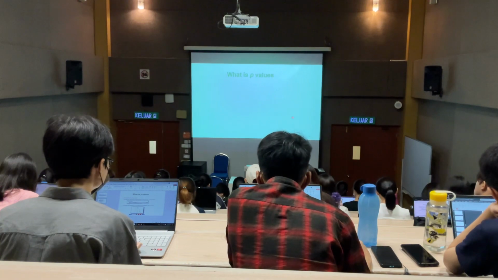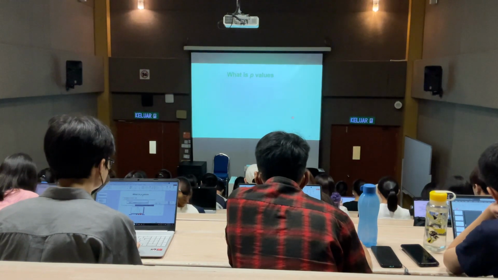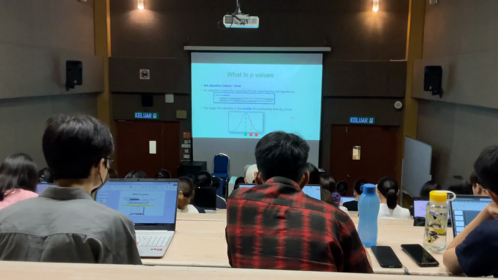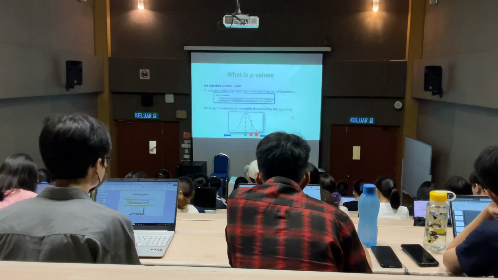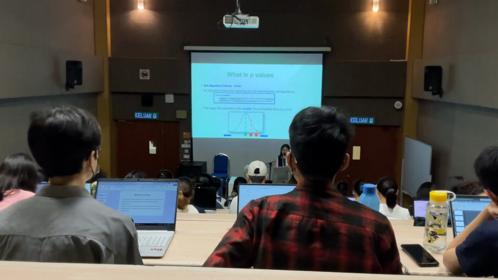This p-value will help you to determine whether you want to accept your hypothesis or not. So it's very important. This is a repeat of the last slides, whether you want to reject or accept your null hypothesis. Okay?